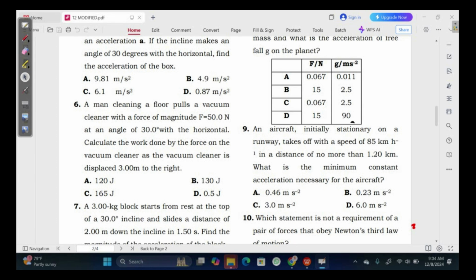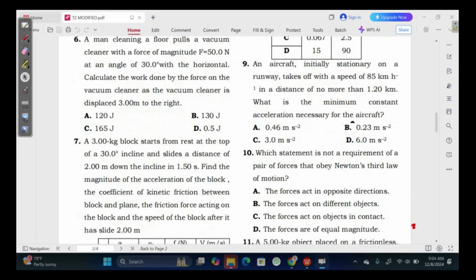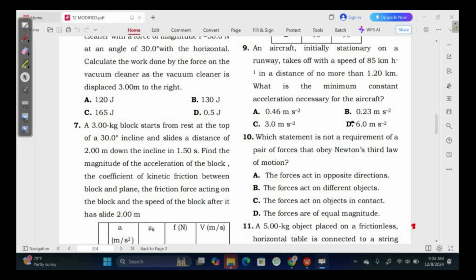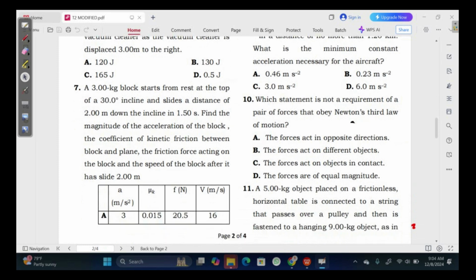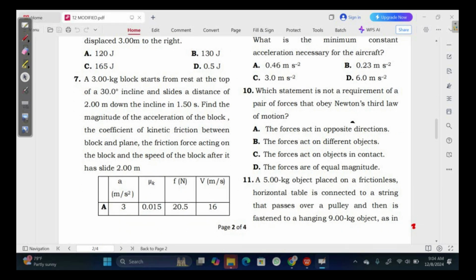Let us go to 7. Question 7, they got it from the tutorial sheet, but I'm going to explain, don't worry.